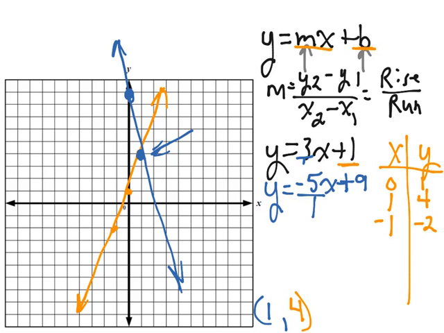And if I was to make a table for y equals -5x plus 9, let's just do that. Let's see what that does for us. Let's do a table, because you have to be able to solve this with a table, with an equation, with a graph, and a verbal description, okay? And from the verbal description, you're just going to make your equations. So if I have 0, I always start there.